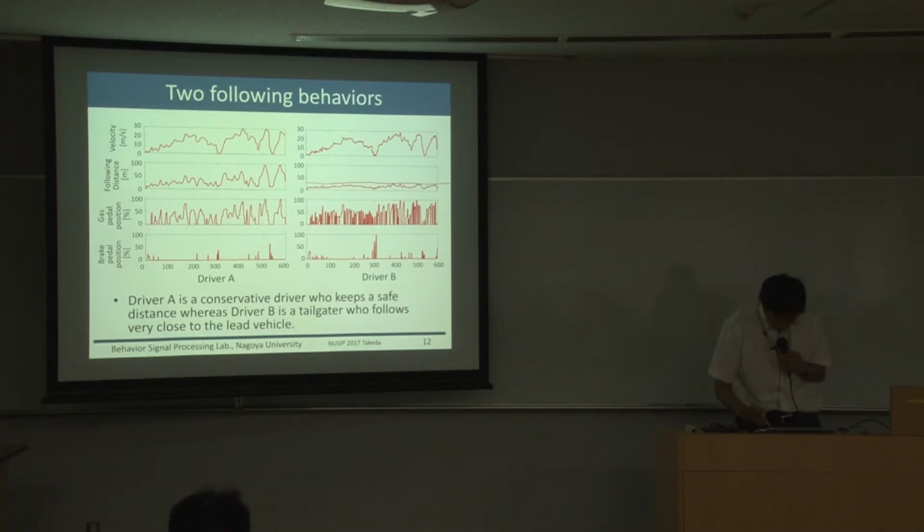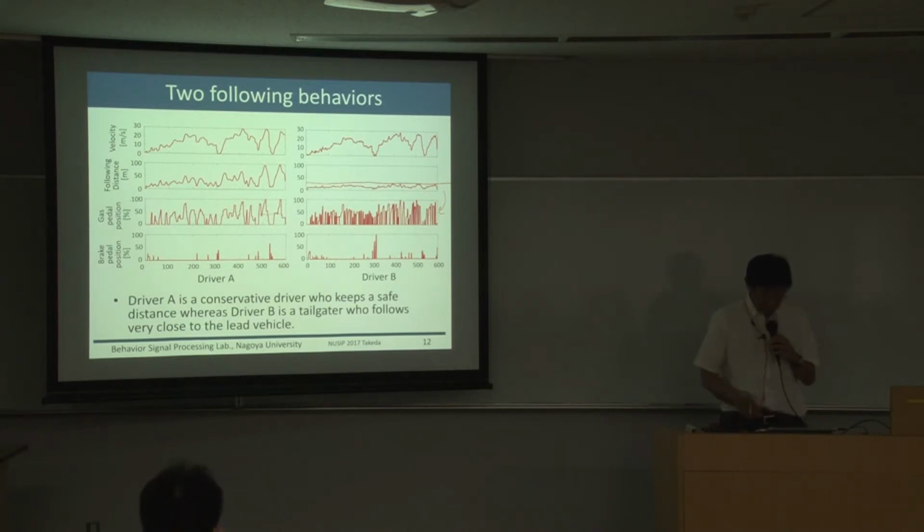In order to do so, he used very frequent pedal operation. On the other hand, the other student does not much care about the change of the intervehicular distance. Therefore, he's a little bit lazy compared to driver B. Therefore, his driving pattern is a little bit sparse or smooth.